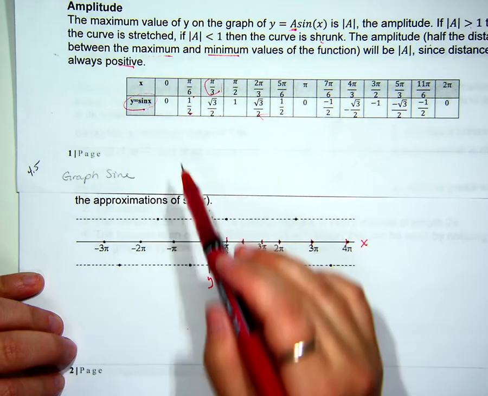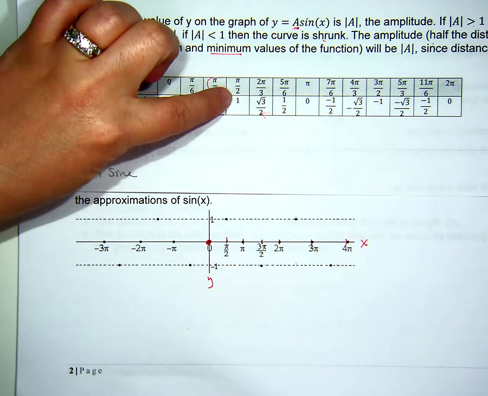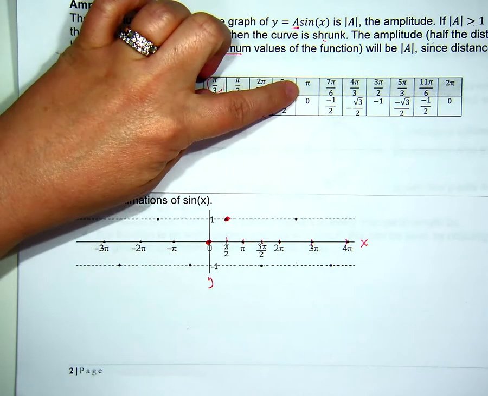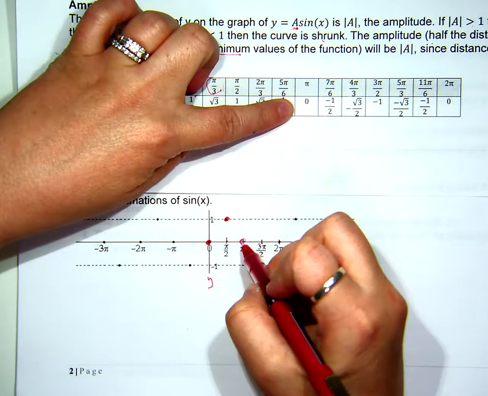For example, at 0, I have 0. So there's my point. At pi over 2, I have a height of 1. At pi, I'm at 0. At 2 pi, I'm at 0. Oops, skip one. At 3 pi over 2, I'm at negative 1.